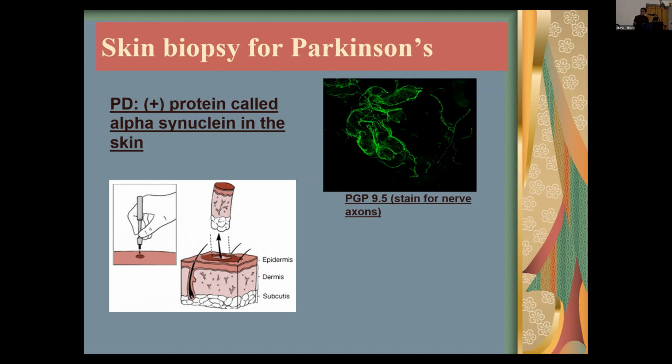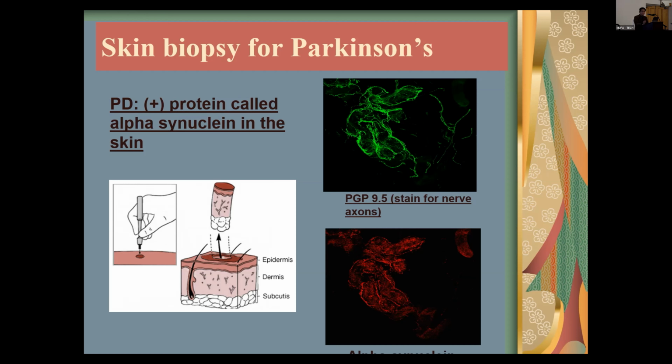And then the pathologist will use a stain called PGP 9.5, which stains nerve axons. So whatever we see green here are the axons of the nerves from the biopsy. Next, the pathologist will stain it for alpha-synuclein, and the alpha-synuclein appears red.